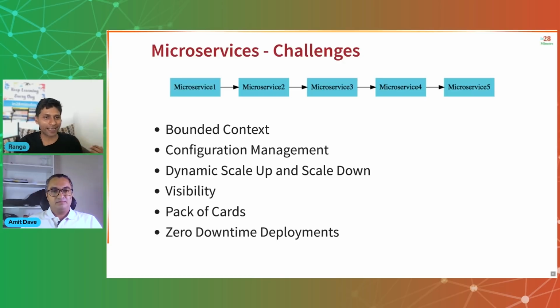But once I break it down, each of these microservices has an individual configuration for each environment. Each might have an individual database to talk to, and its own set of services it needs to talk to. So configuration management becomes much more complex because I have to manage configuration for each of these microservices individually, and that's a challenge.